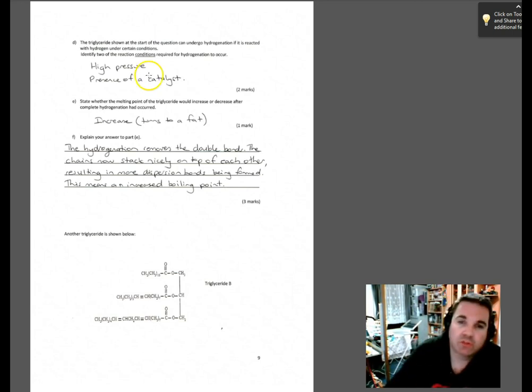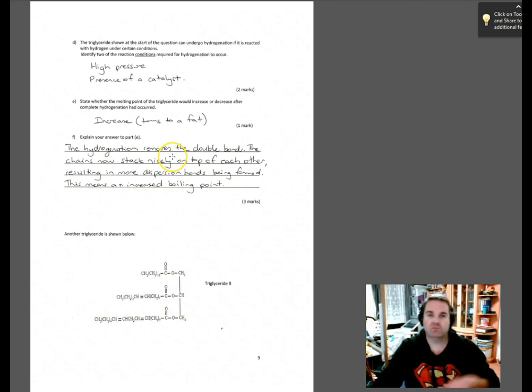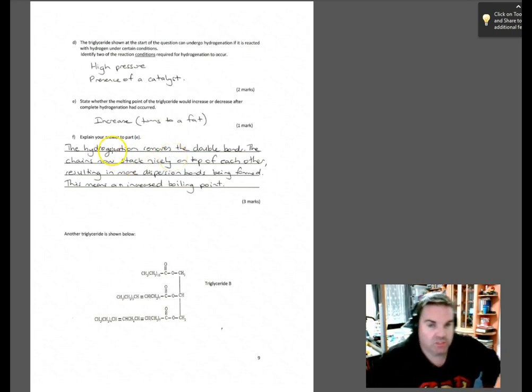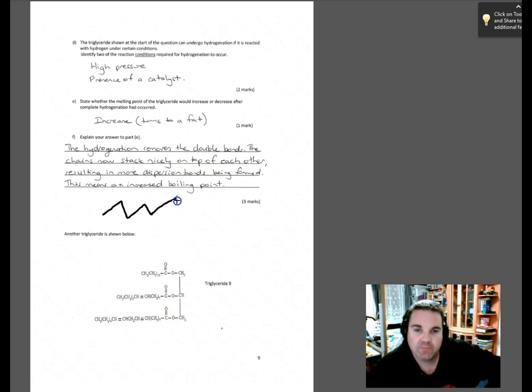State whether the melting point of the triglyceride will increase or decrease. Well, because now you're getting rid of the double bonds, what you're now getting is all these nice straight chains like this. And so they're going to stack really nicely on top of each other.